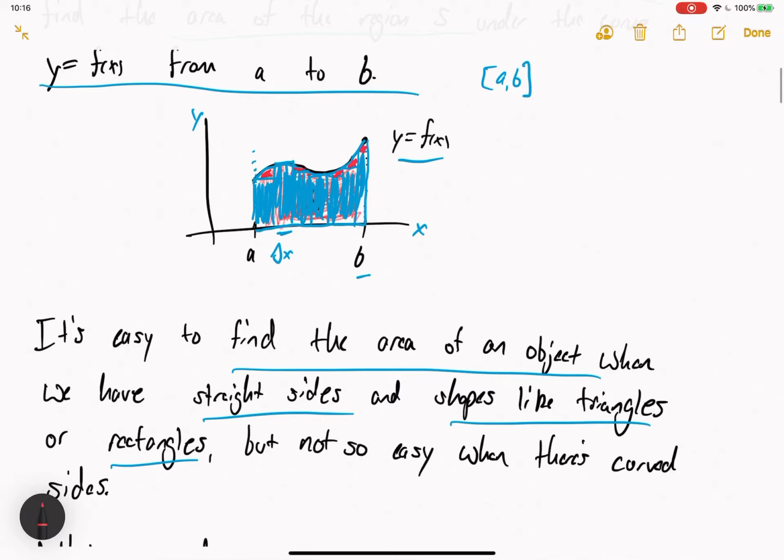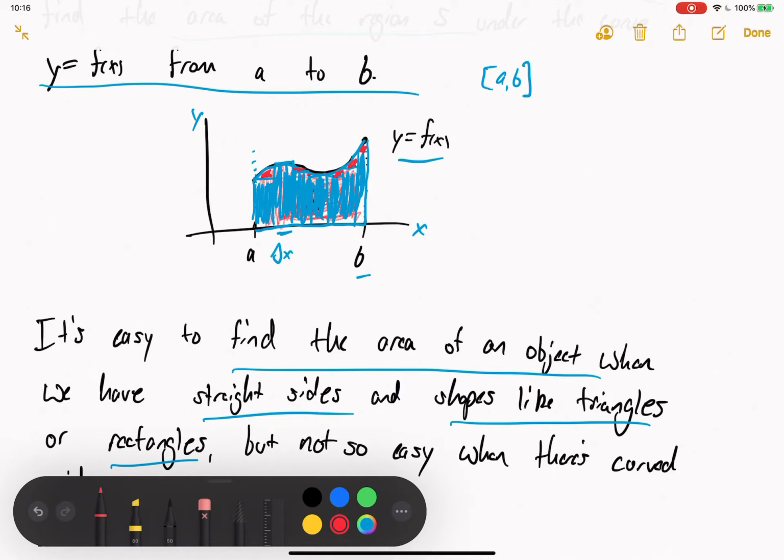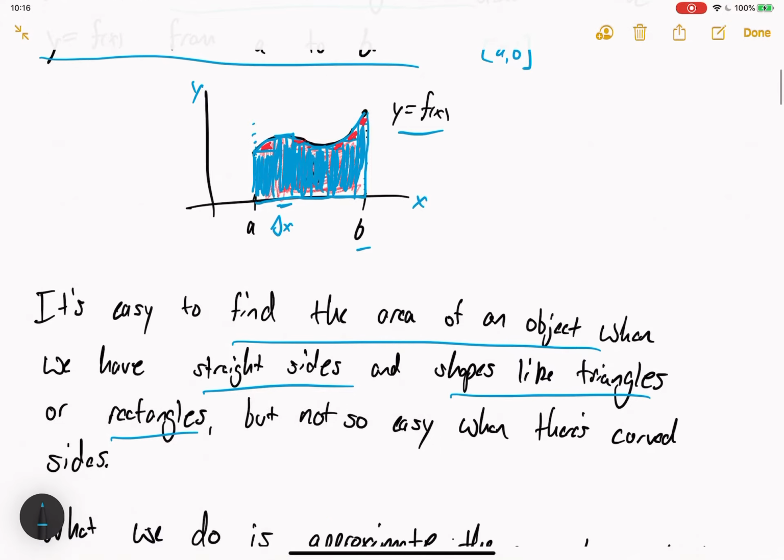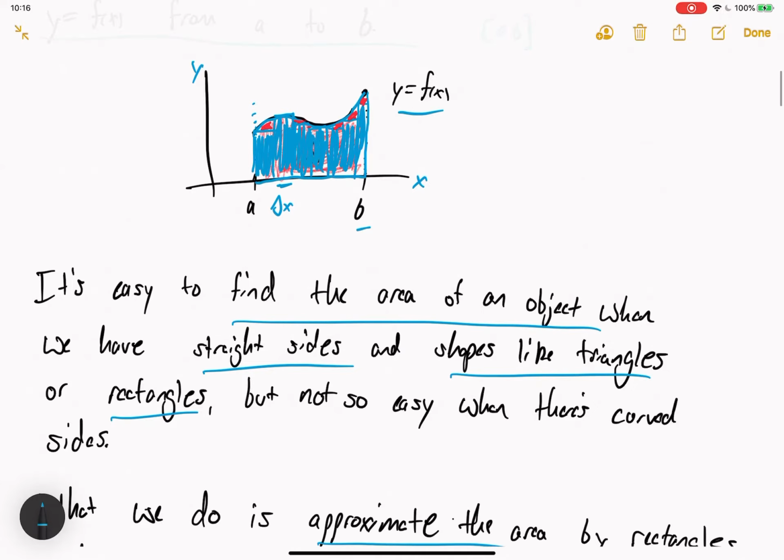It's not a perfect approximation, but it could be better. So how do we define better, or how do we make things better? We take more and more rectangles.